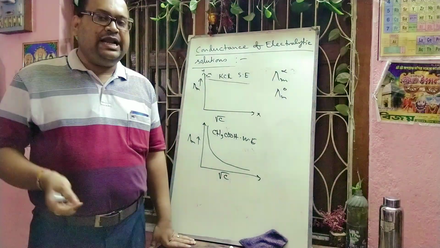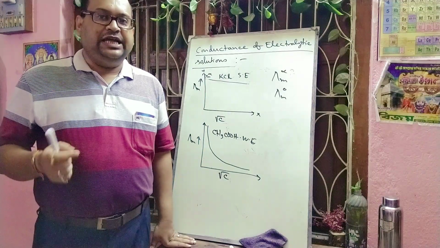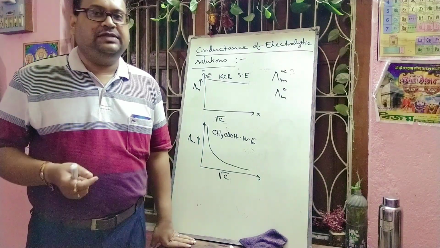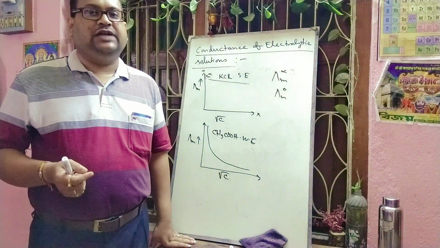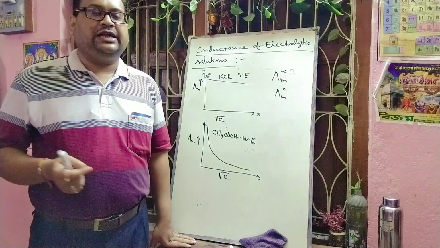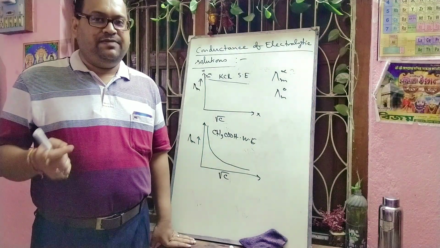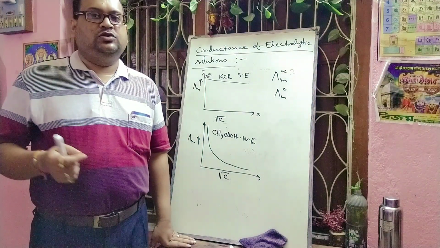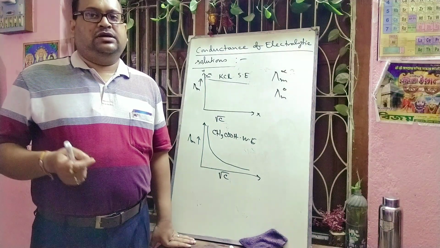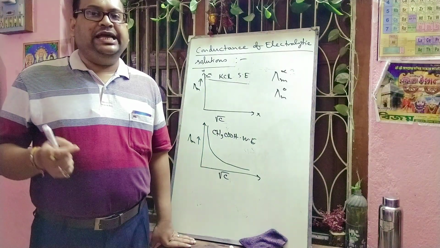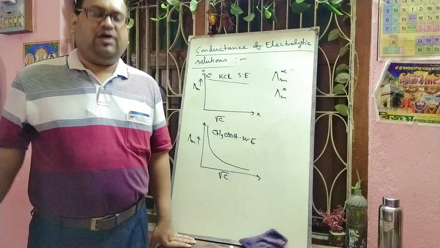At infinite dilution, the molar conductance of an ion is independent of the nature of the other ion with which it is associated in the electrolyte, and the limiting conductance Λm∞, that means at infinite dilution of an electrolyte, is equal to the sum of the limiting molar conductance of its cation and anion, and each will be multiplied with the number of ions present in the formula unit.